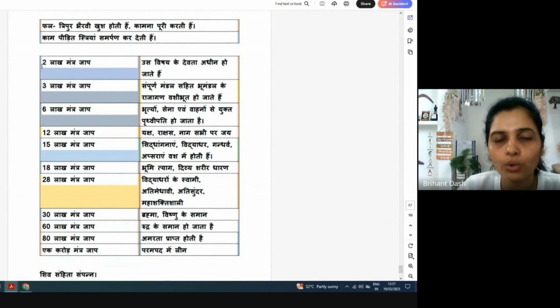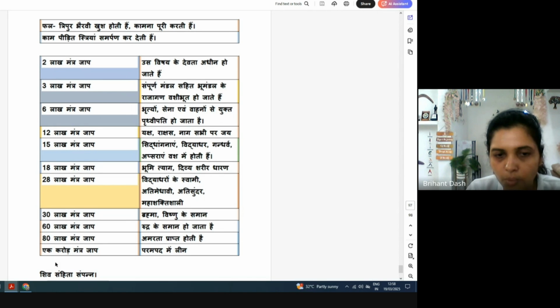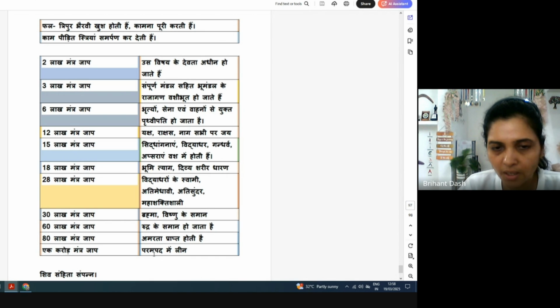So if you do the 2 lakh mantra japa, you will conquer all the devtas. 3 lakh, all the Bhumandal and the kingdoms will be under you. 6 lakh, Bhakti, Sena, Vahan, everything. No one is going to ask you this way, but you need to remember in 1 crore mantra japa, you will achieve Parampad.